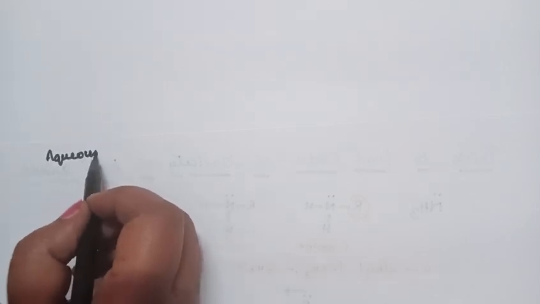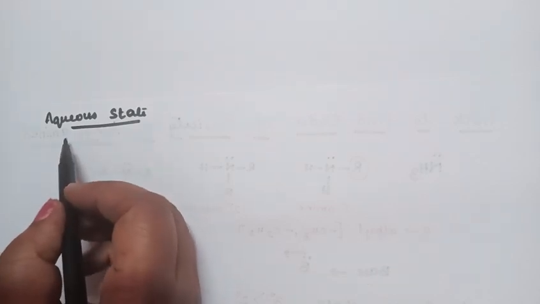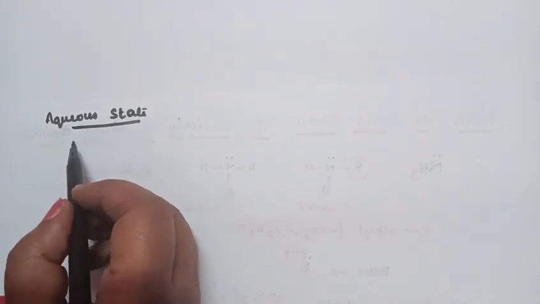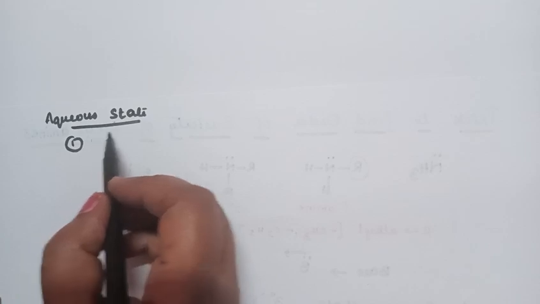So let us consider the aqueous state. Aqueous state means in water. So in water the order is slightly different. In the aqueous state it depends on three factors.